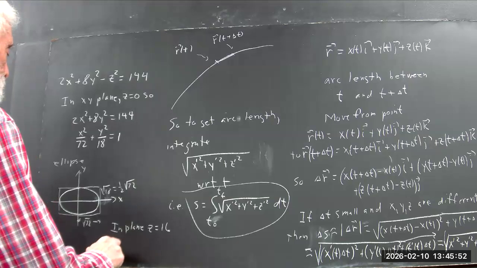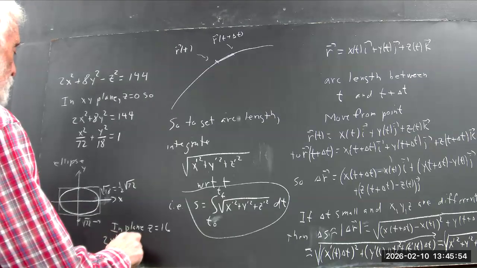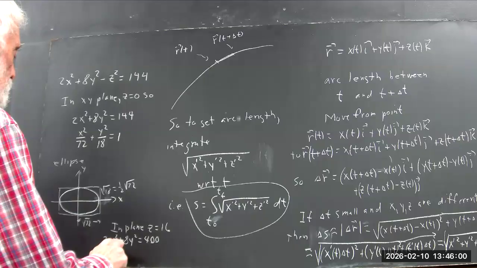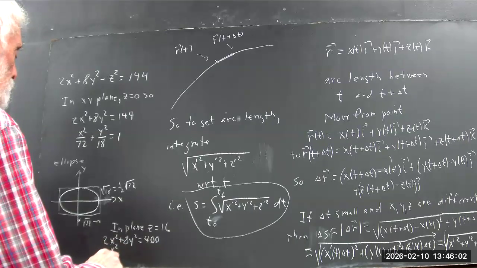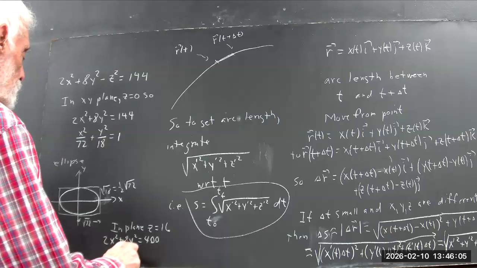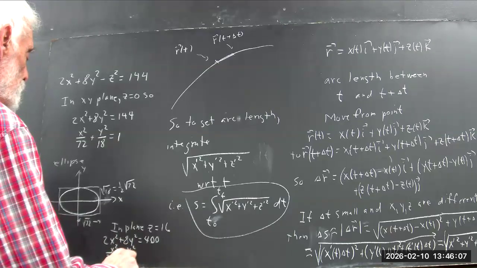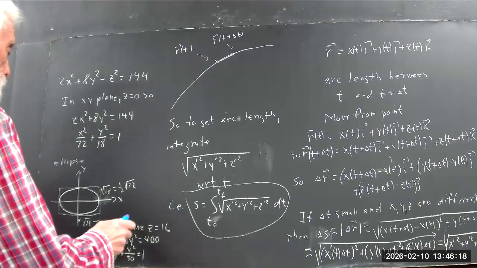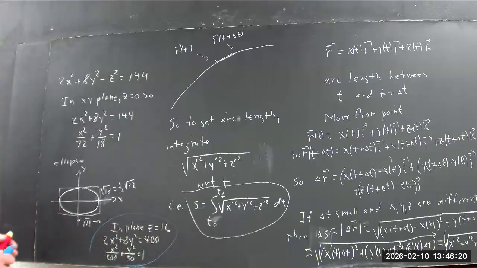You get X squared over 200 plus Y squared over 50 equals 1, right? So I could take this and just visualize another XY plane directly above this one, but using these numbers.